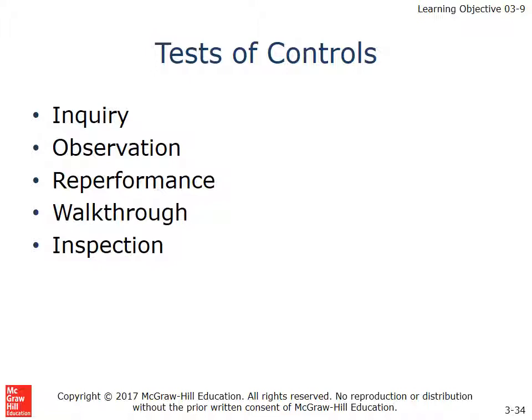So tests of controls. Some typical types of test of controls are, first of all, inquiry. What do you do? How do you pay paychecks? How do you determine payroll? How do you account for inventory? Give me the step-by-step. Then watch. See if it's actually happening that way.